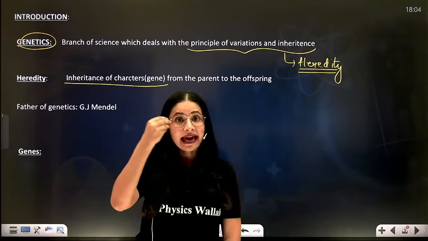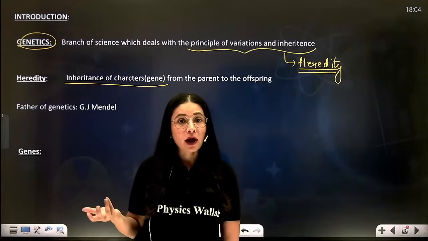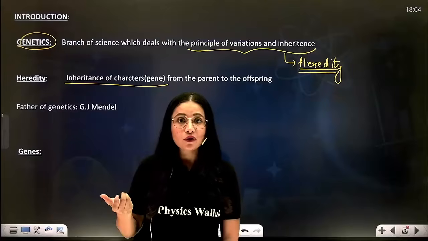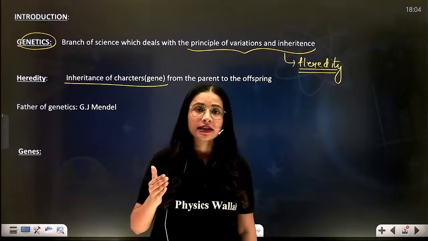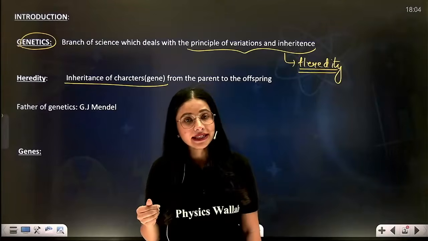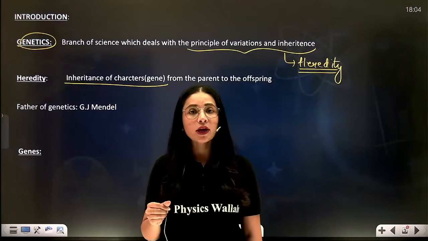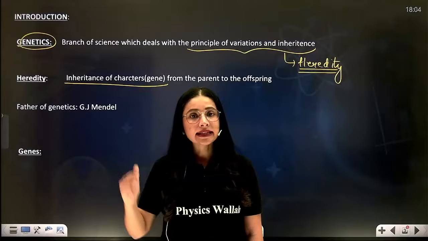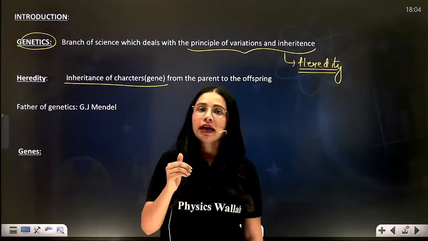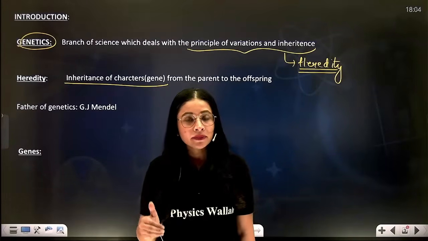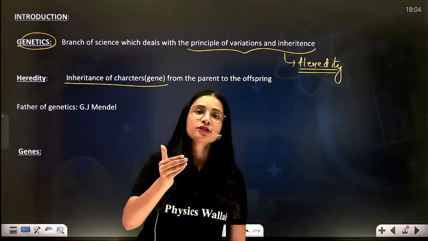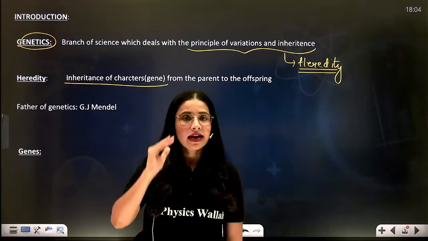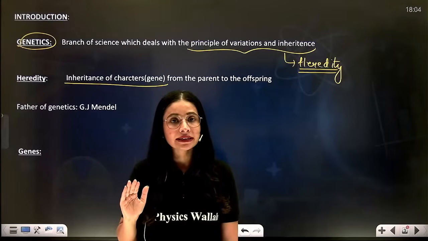Because these characters which I have got, maybe my brown eyes, maybe my pointed nose, all these features, all these characters I have got from my parents in the form of genes. So genes are regulating the characters, and the transmission of such characters is known as heredity. The branch of science which deals with heredity is known as genetics. I hope the two terminologies are clear.